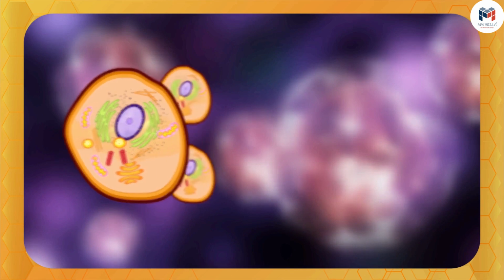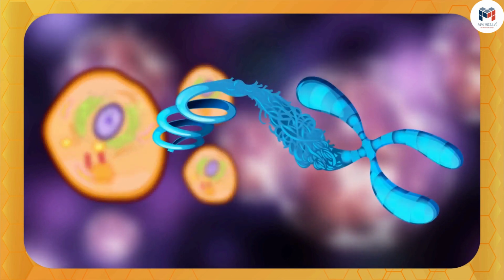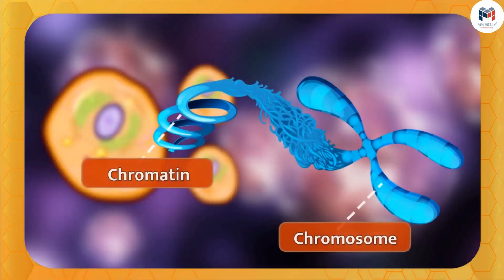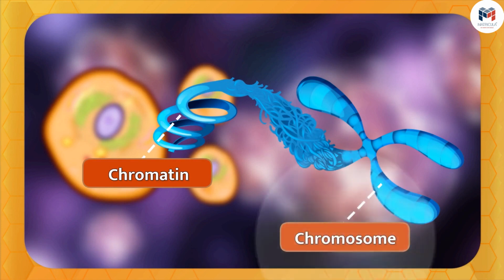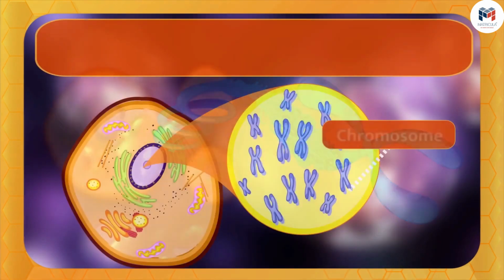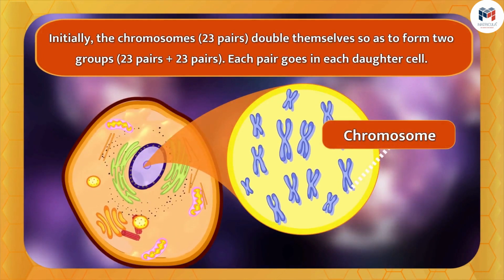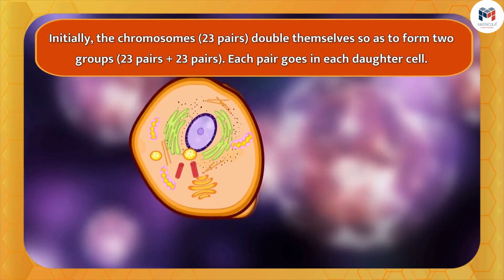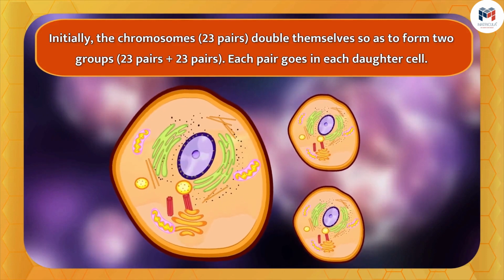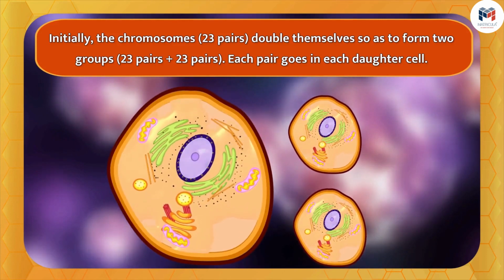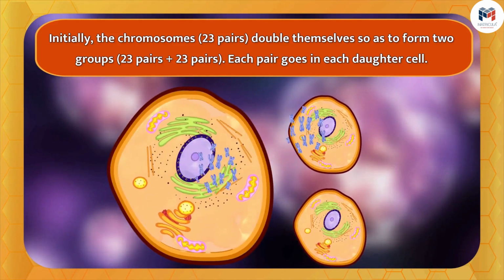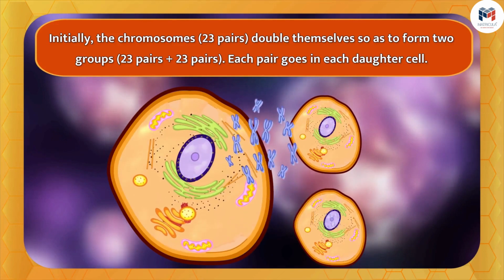Well, when a cell divides, then the chromatin gets organized into a structure called chromosome. Now, you can see a lot of chromosomes in the nucleus of the cell. This means that the cell is about to divide, and when the cell divides, some part of chromosome migrates to the new cell.